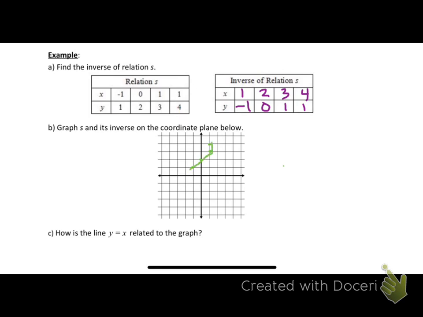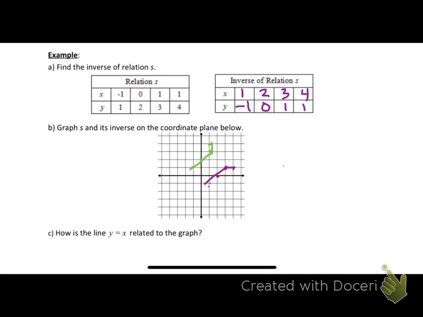So there is my original graph. Bear with me, it's a little difficult to graph on here. The next one is 1, -1, 2, 0, 3, 1, and 4, 1. And my graph will look something to that effect.